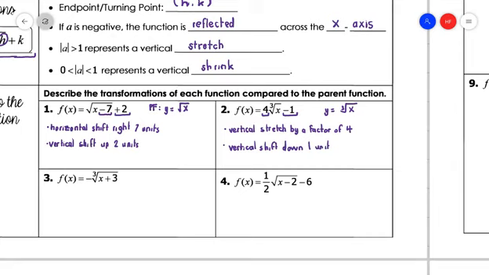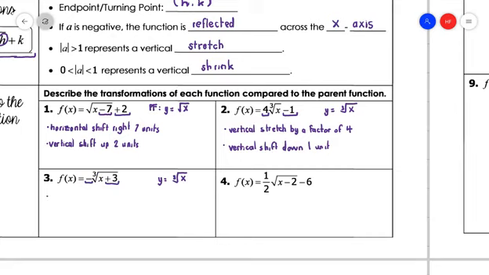On number 3, I see this guy right here, which means my parent function is the cube root of x. Now comparing to that cube root of x, the changes I see happen right here and right here.